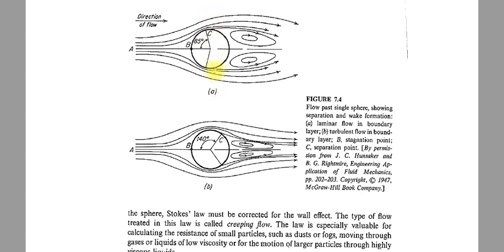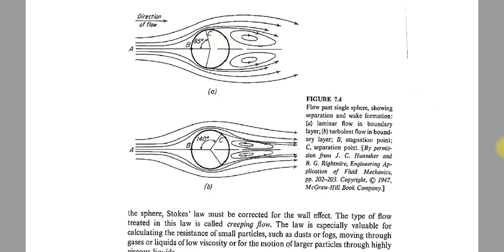Then the separation point will never move, and the size of the vortex will remain the same. Or suppose you have a half sphere, then this point will never move, because here you don't have any smooth solid boundary, so the point will never move with increasing velocity.